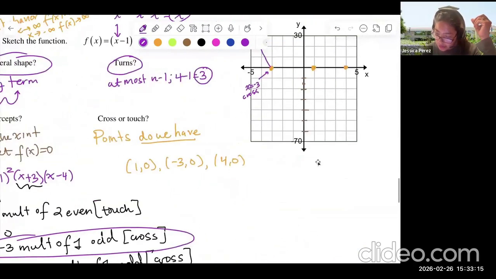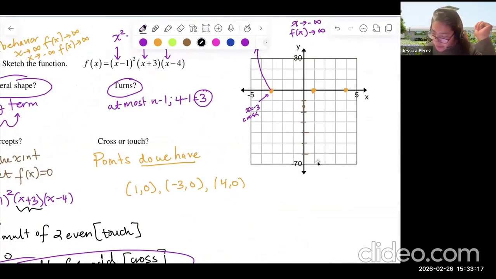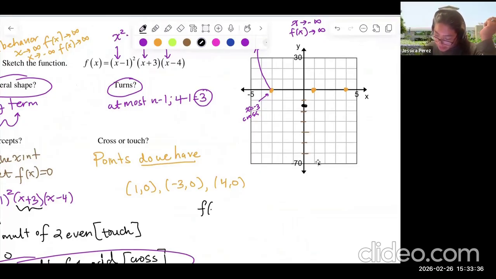So we are going to substitute a value right in between negative 3 and 0. So let's go ahead and substitute negative 2.